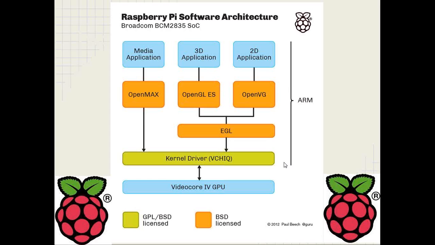So the video core is inside of the chip, and the controller for the bus is inside of the chip, and the controller for devices is inside of the chip. So that's hence the reason for calling it a system on a chip.